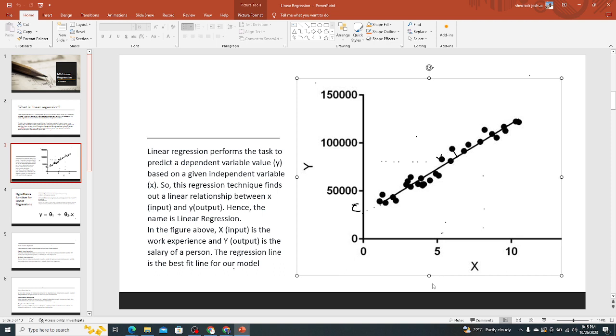Okay, the regression line is the best fit line for what? For our model.